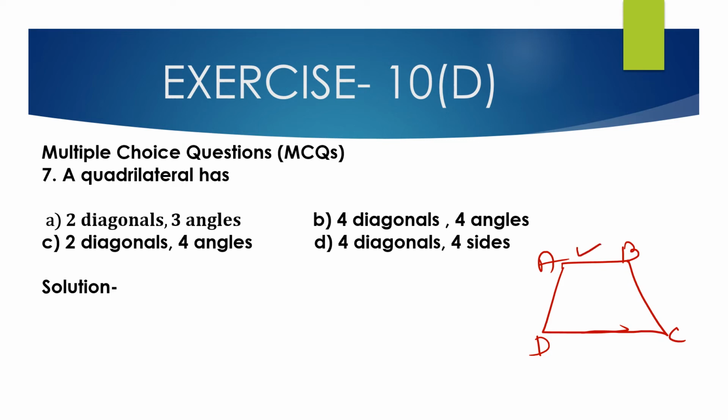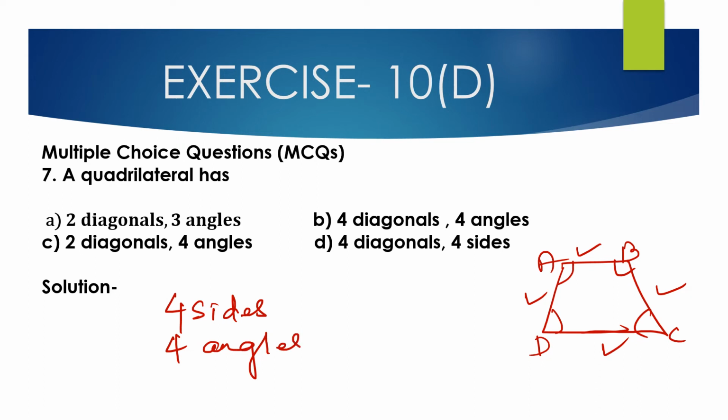Sides are AB, CD, BC and AD: 4 sides. Angles are A, B, C and D: 4 angles. Diagonals are AC and BD: 2 diagonals.